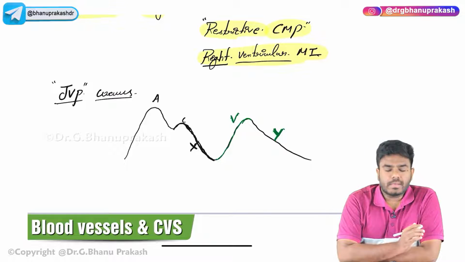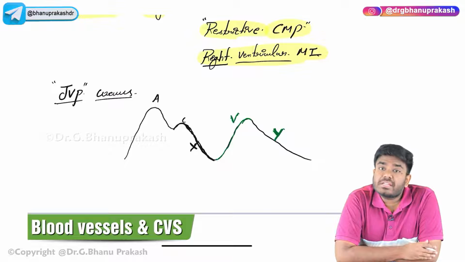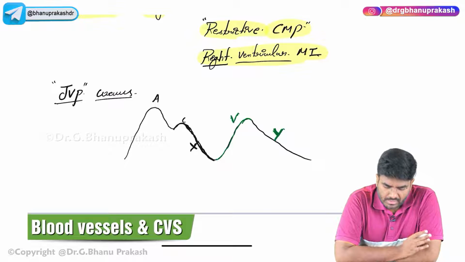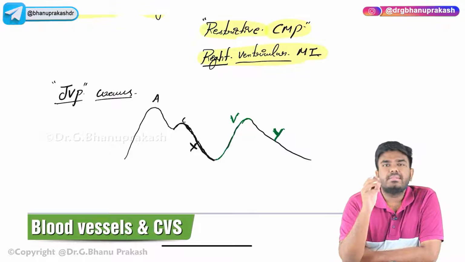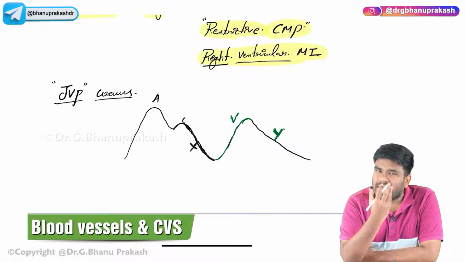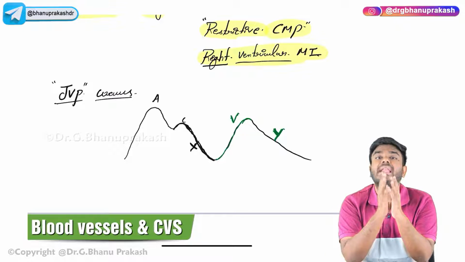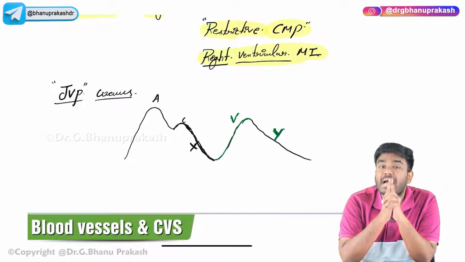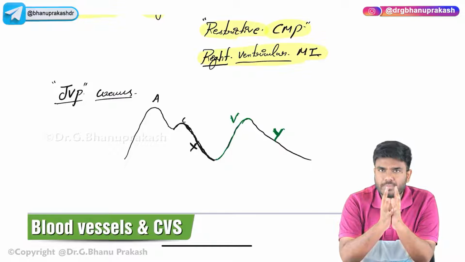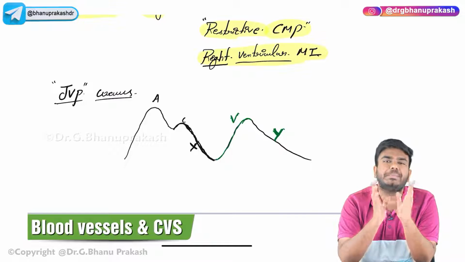Now my point is, if a patient is having constrictive pericarditis, what are the changes that one can expect? See, in constrictive pericarditis, the pericardium is thick, calcified, and very much adherent to the heart, to the myocardium. It's sticky.